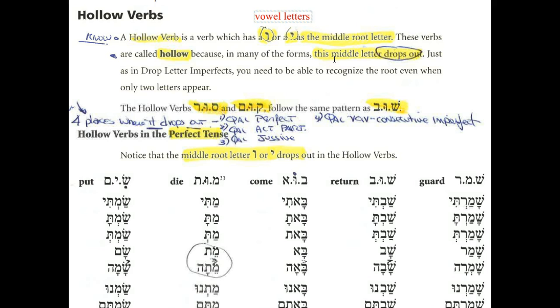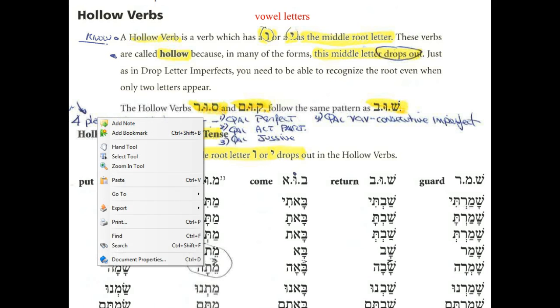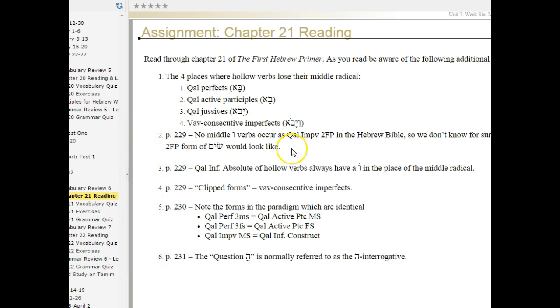There are actually 4 places in the Qal verb paradigm where that middle radical drops out. They've been listed here in the textbook. As you can see, I've written that in. And it's also on the assignment underneath this video, where you'll find the 4 places where the hollow verbs lose their middle radical.